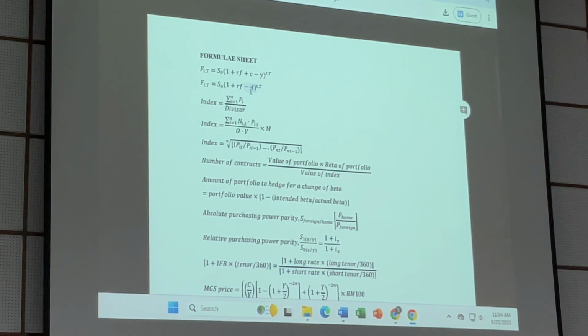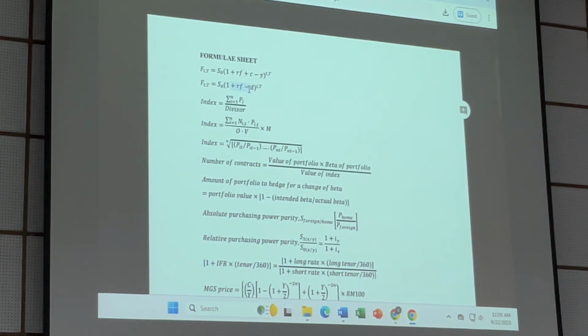If you plus the risk-free rate, then you have to minus the dividend. That means if you short the spot, you lend and earn the interest, but you have to pay the dividend. If you long the spot, you borrow money, then you pay interest, and you receive dividend. So they have an opposite relation.